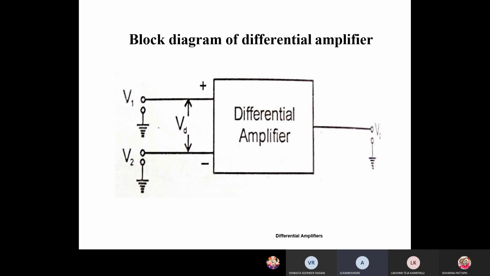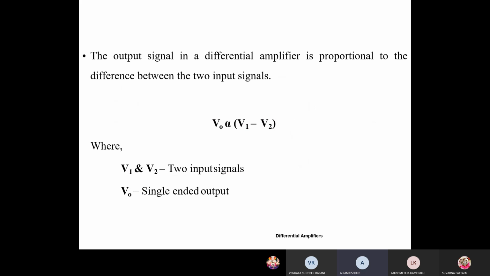Here we have mainly three terms: differential gain, common mode gain, and common mode rejection ratio. Next slide.